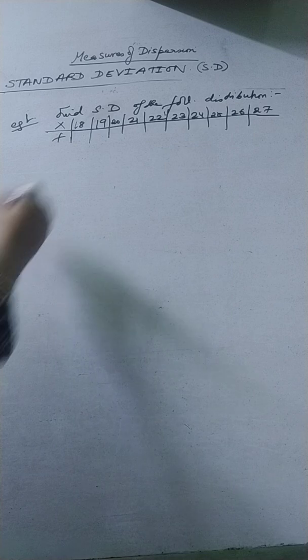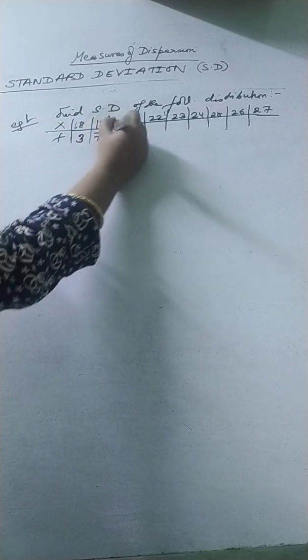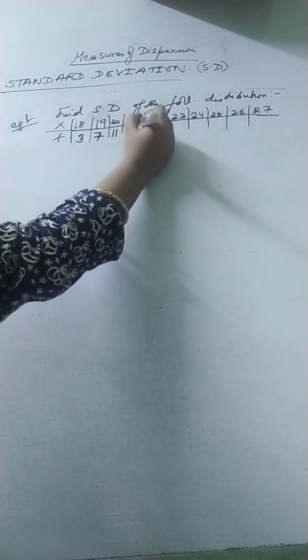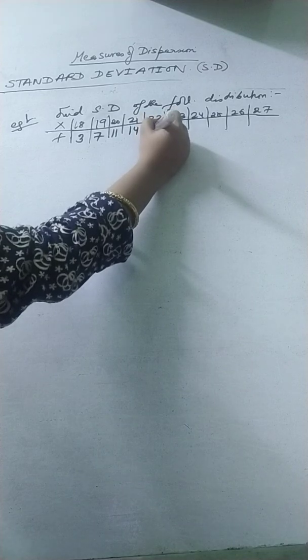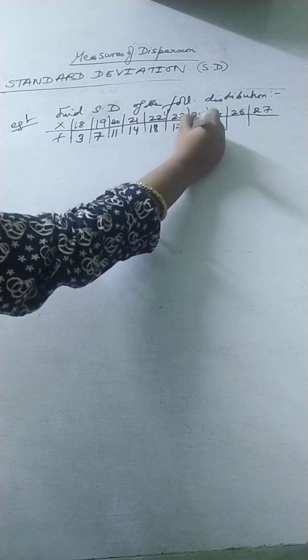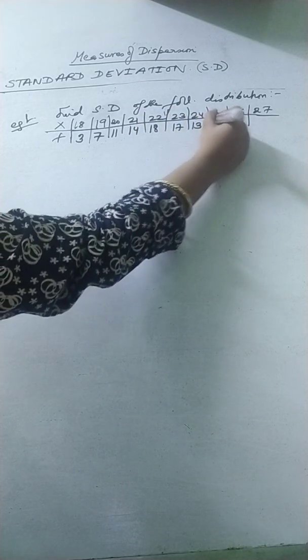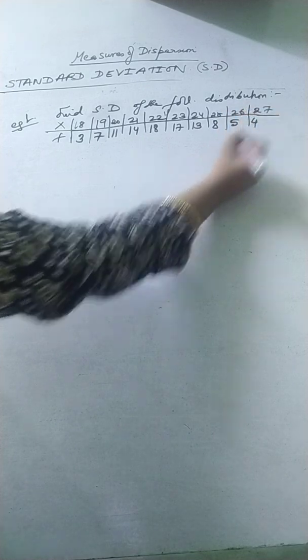And the frequencies are 3, 7, 11, 14, 18, 17, 13, 8, 5, 4. You've been asked to find the standard deviation of this distribution, where the frequencies are 3, 7, 11, 14, 18, 17, 13, 8, 5 and 4.